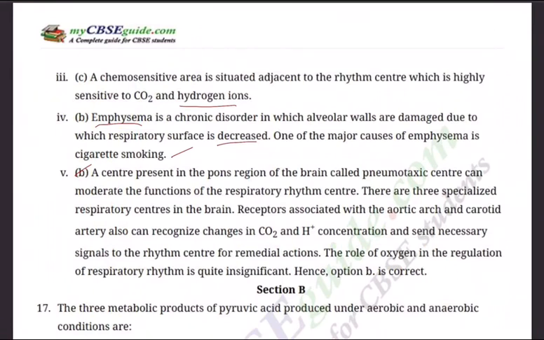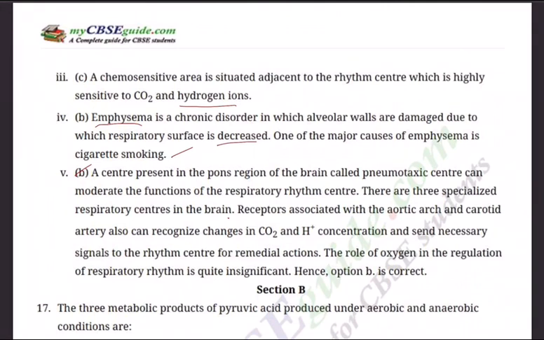A center present in the pons region of the brain is called the Pneumotaxic Center that can moderate the functions of the respiratory rhythm center. There are 3 specialized respiratory centers in the brain.